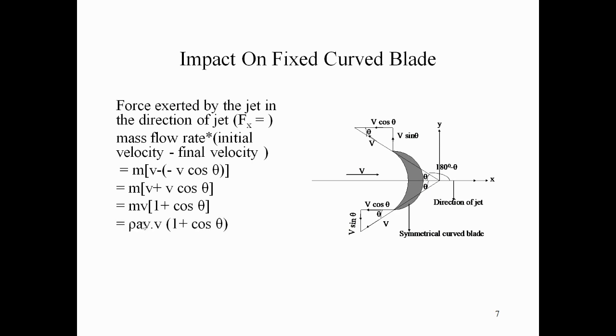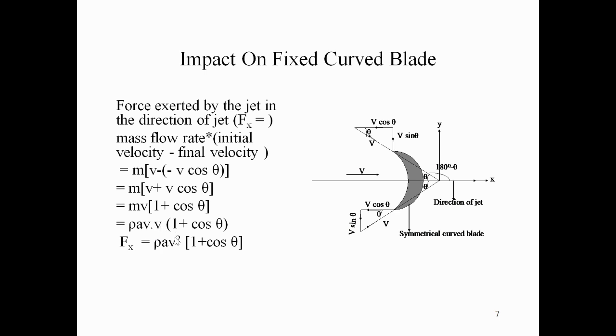This m can be written as rho a v. We replace it here, so rho a v into v into (1 plus cos theta). So we get rho a v square.